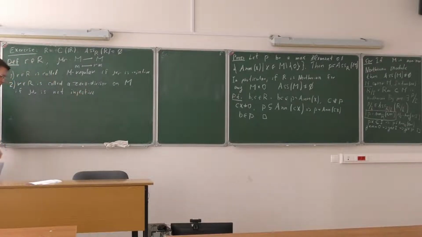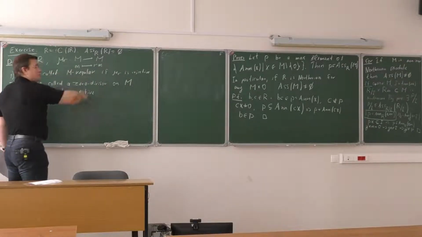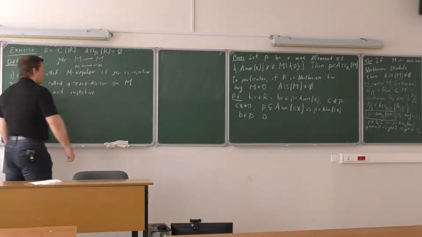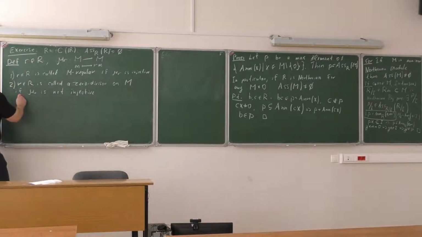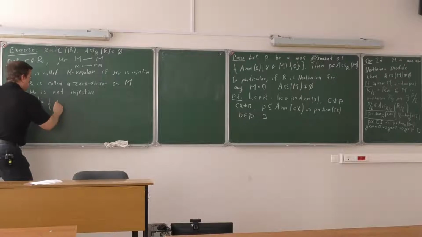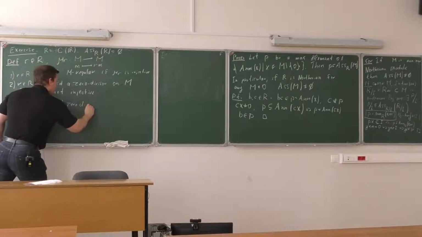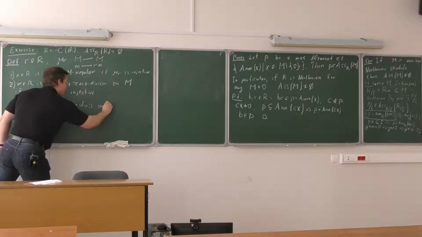It's quite a natural definition. If this is a zero divisor, it means that for some element m the product is actually equal to 0. I want to use notation for the set of all zero divisors. Let me use the notation Z of M. This is the set of all zero divisors on M.